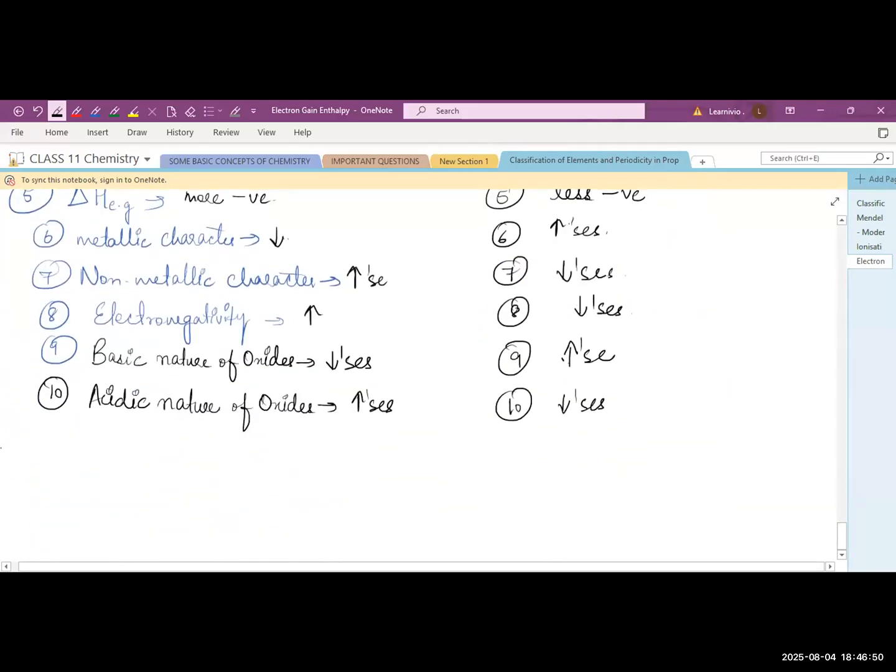Okay, now write the next topic, chemical properties, or the periodic trends in chemical properties.